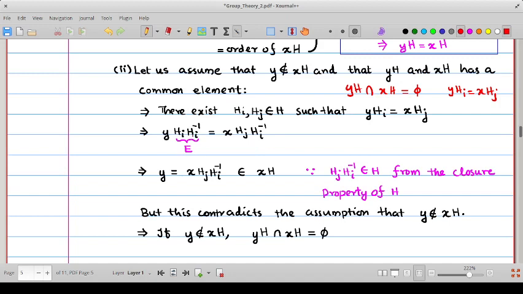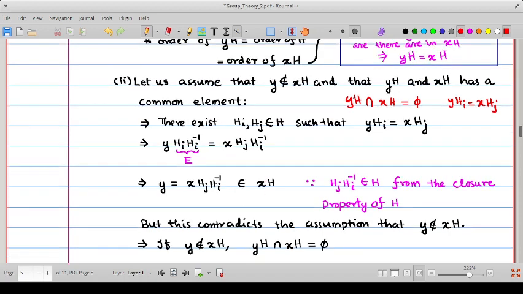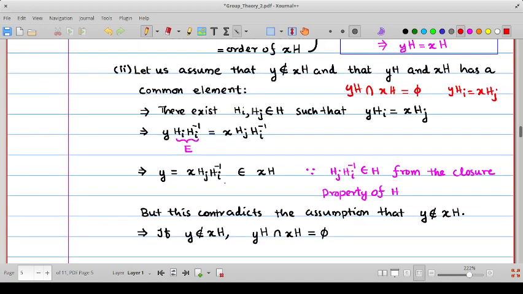So y, that is the left hand side, should be equal to x times an element of H. So x times an element of H is an element of the coset xH. So that means y is an element of the coset xH. So the assumption that yH and xH have a common element led to the requirement that y should also be an element of the coset xH.